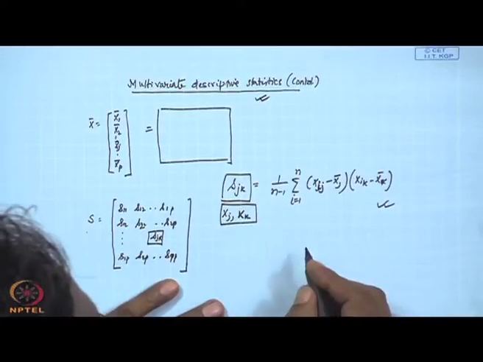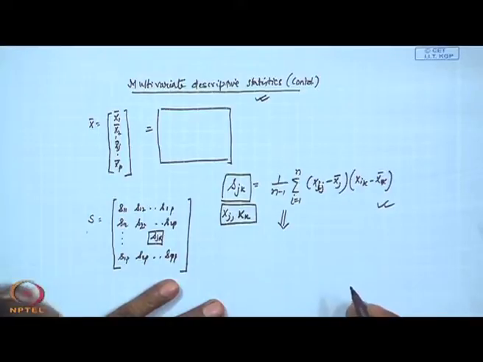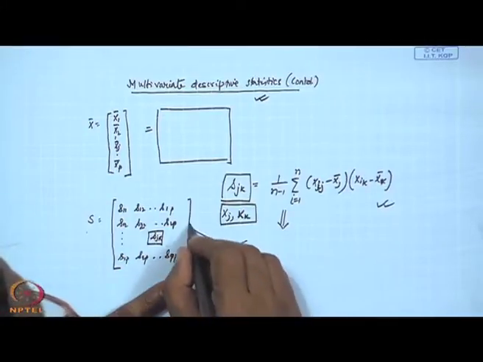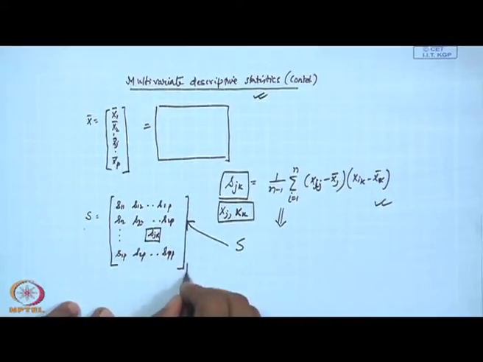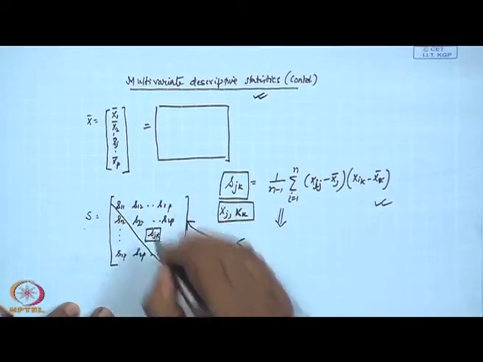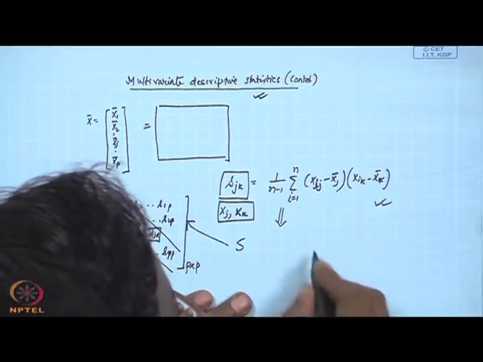Now we want to use matrix multiplication to compute S, that p cross p matrix, where diagonal elements will be the variance component and off-diagonal elements will be the covariance component. We will compute this from the data matrix.